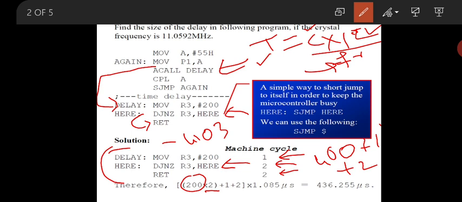It comes to 436.255 microseconds. Going back to the main program, once P1, A is set, it calls the delay, and before it goes to the next line, complement A, it is held for 436.255 microseconds.